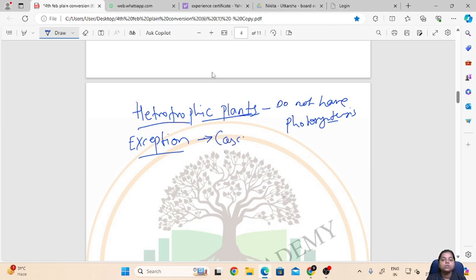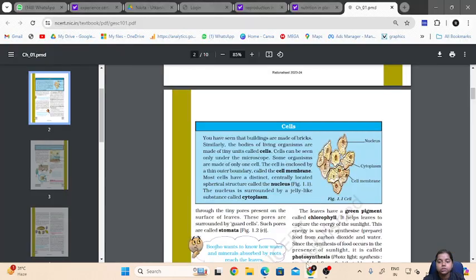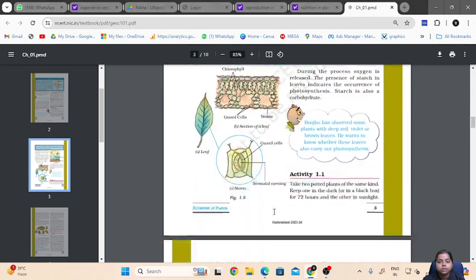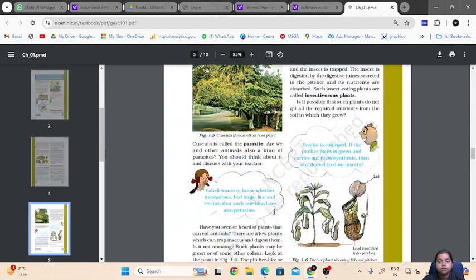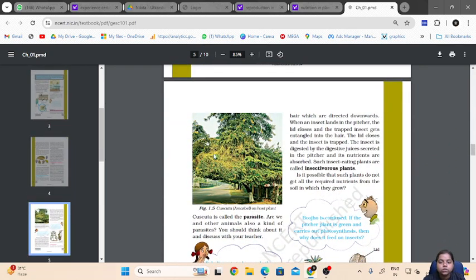An example is cuscuta. You all must have seen this somewhere. Wait, I'll show you a picture. See this yellow thing that you can see here, which is climbing on the tree.